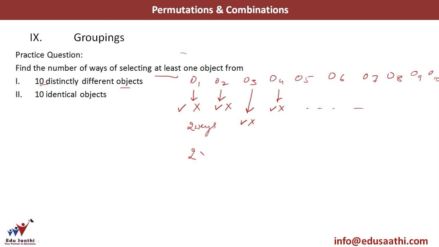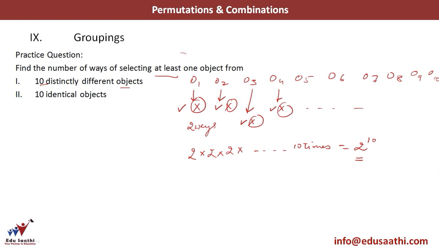So what is my answer? 2 multiplied by 2 multiplied by 2 and so on 10 times, because I have 10 objects. So this is 2 raised to power 10. But this is not my final answer. Why? Because this 2 raised to power 10 includes the case wherein I reject all the objects. I mark this with a cross sign.